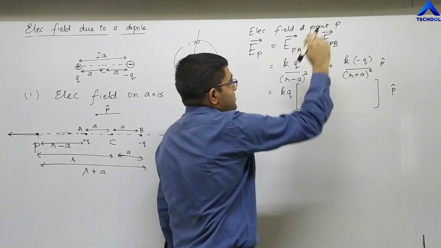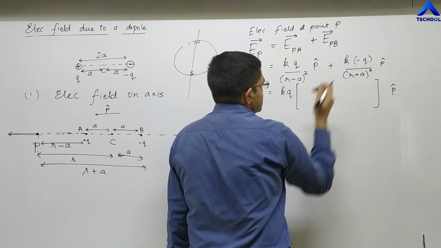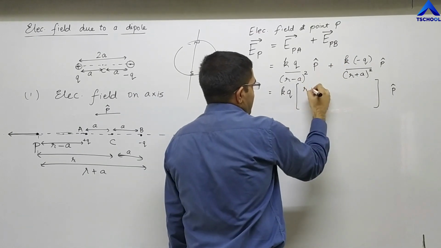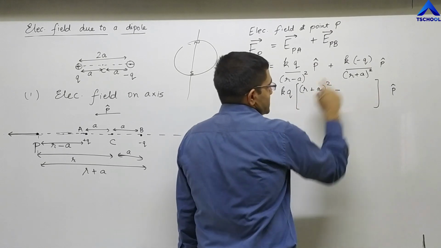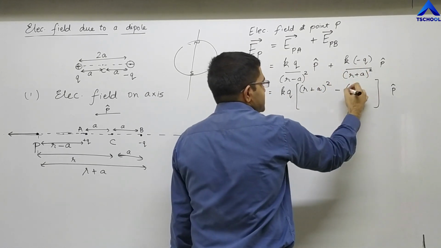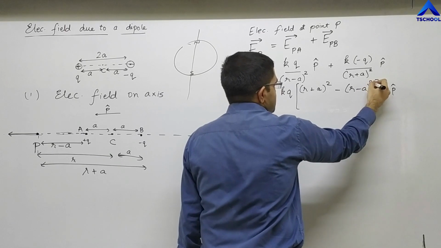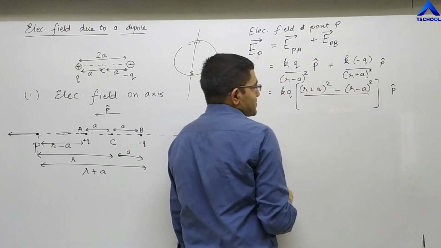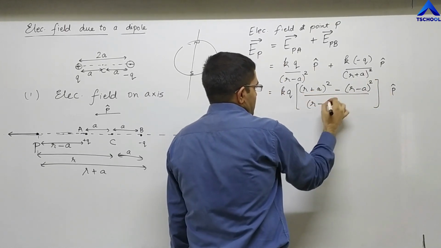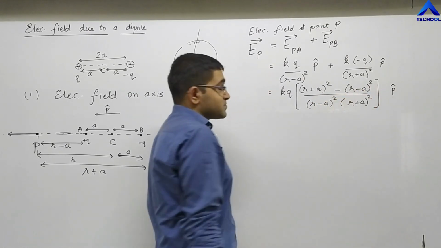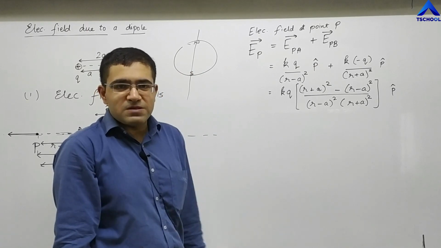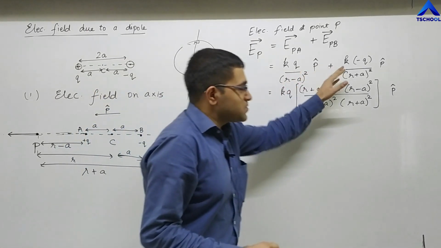And further, let's take an LCM out over here and get r plus a the whole square minus, don't forget this minus sign, r minus a the whole square, divided by r minus a the whole square times r plus a the whole square. Plain and simple LCM of these two terms.